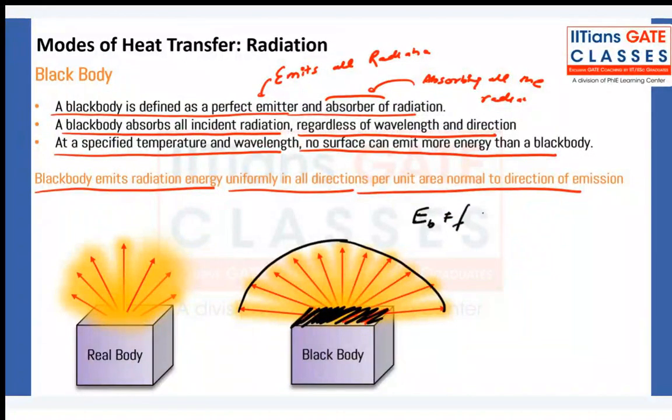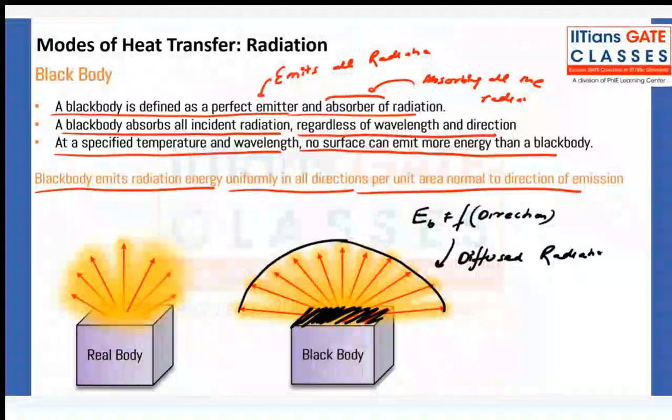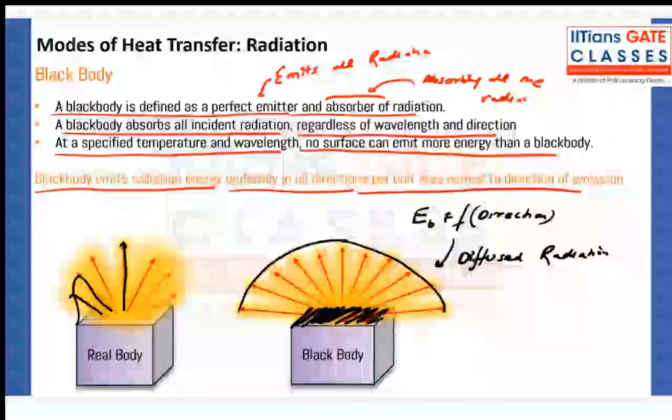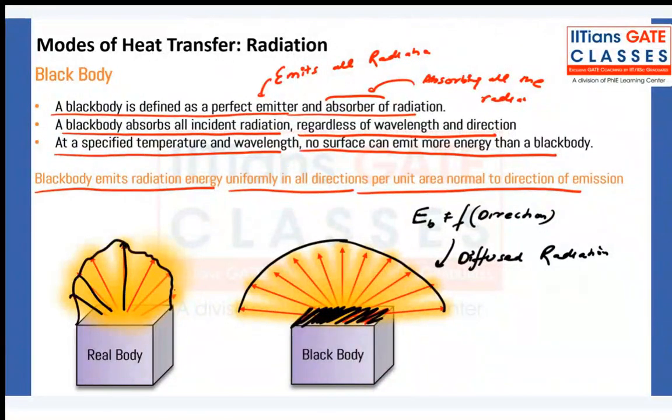It is uniformly distributed in all directions, and that kind of radiation is called diffused radiation. Now this one is not diffused. Here the radiations are more, but in this direction they are not, so it is not diffused. These are real body radiations. Is it clear?